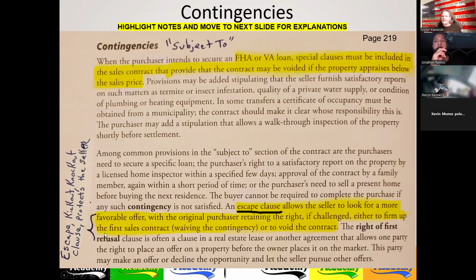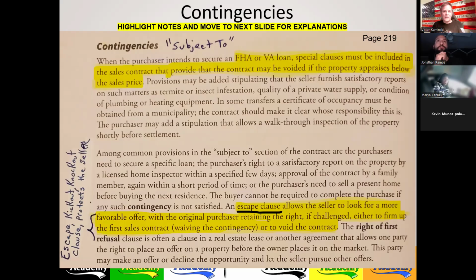So in plain English, dumb it down a little bit. If I make an offer to buy your house, but I got to sell my house first, I can make an offer contingent on the sale of my home.